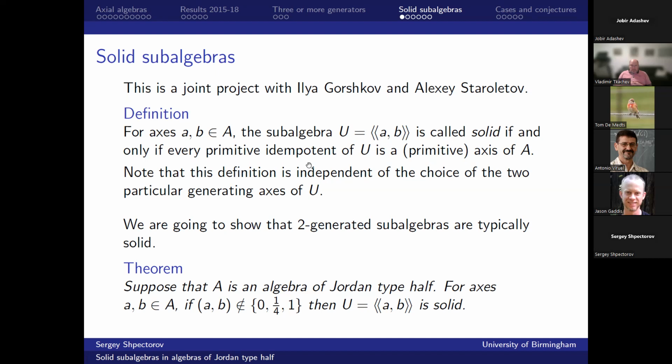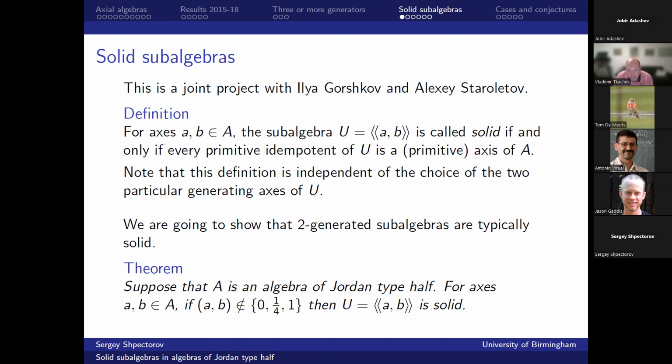I'm only talking about the idempotents which are already primitive in U. So 0 is excluded, the identity of U is excluded, but all the other idempotents are primitive in U, and they must be shown to be primitive axes in the big algebra A.